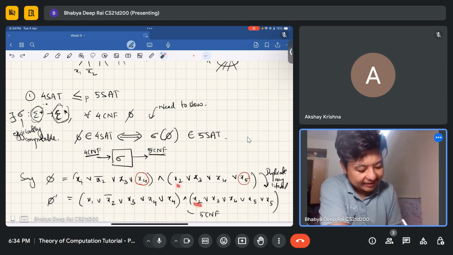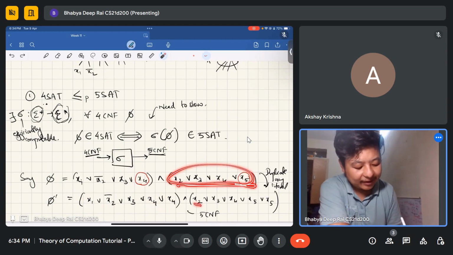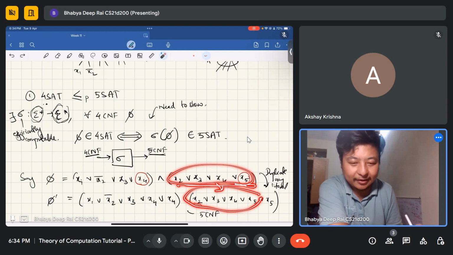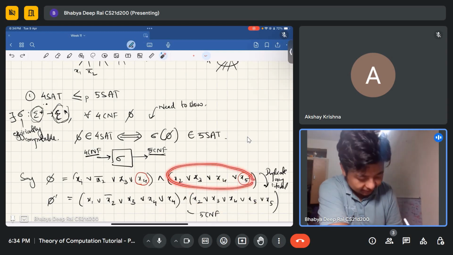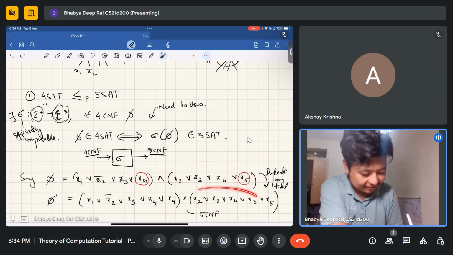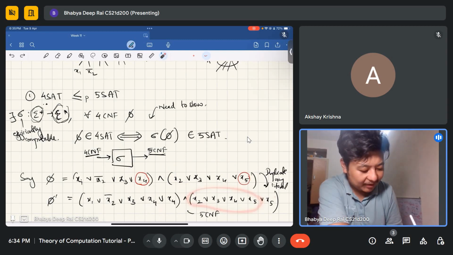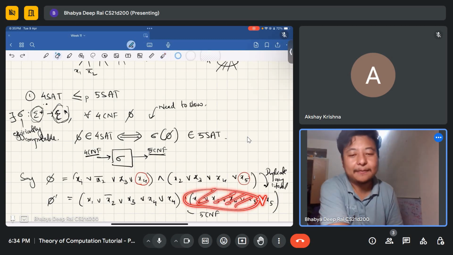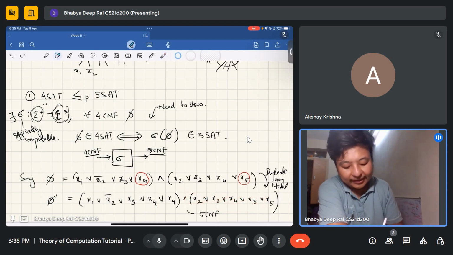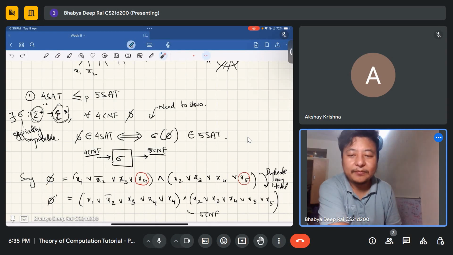Similarly, since this guy is satisfiable here and it's the same as this part, this clause being satisfiable would imply this clause is satisfiable. It does not matter what this person is because there is an OR gate here. So as long as this part is satisfiable, I'm fine. So it's clearly, if phi is satisfiable, then phi prime is satisfiable.